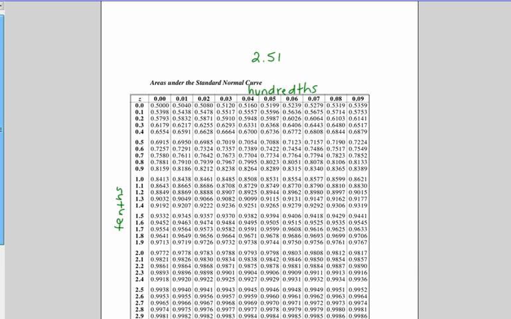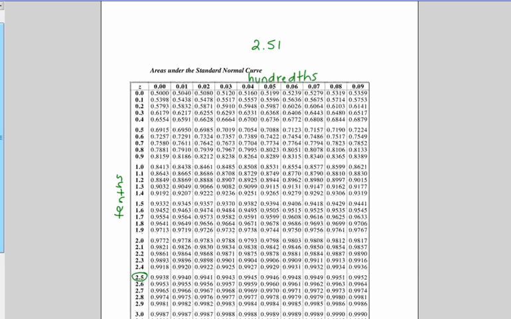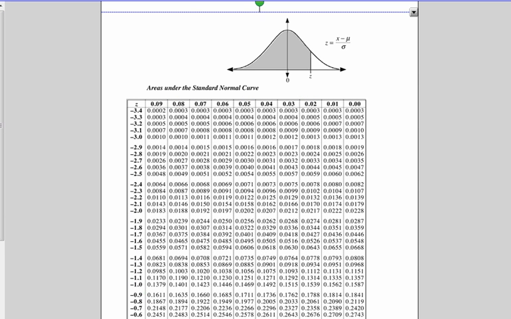So I'd first look at 2.5, and then we want 2.51. So 2.51 would be 99.38% of the data is left of that, or 0.9938 of the area under the curve is to the left of 2.51. Because it's always from the left all the way to negative infinity, that would be the area under there. Okay, so back to your workbook.